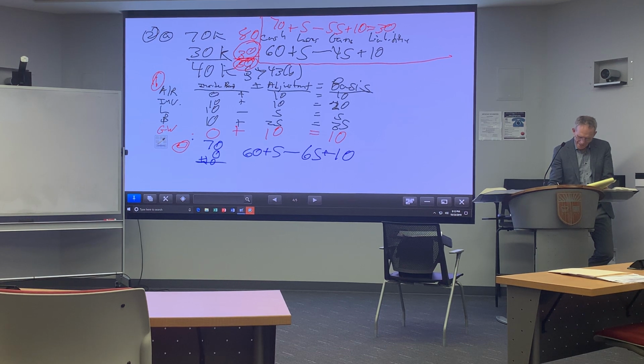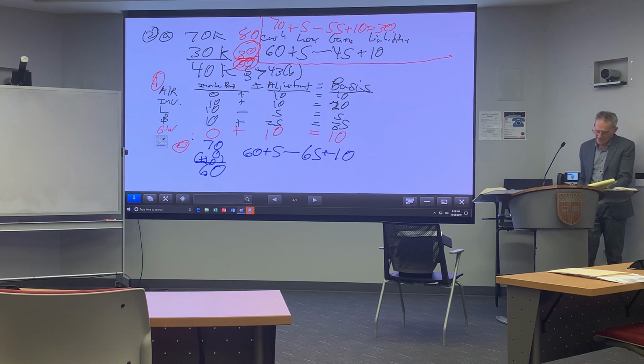So this ends up being 60 as the adjustment, because you subtract out previously taxed capital plus the liability. So it becomes 60.